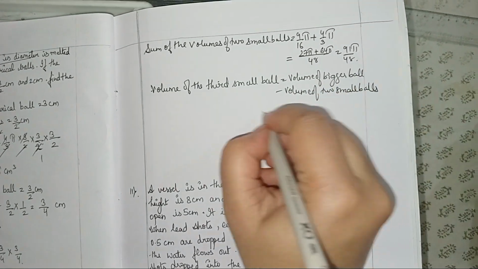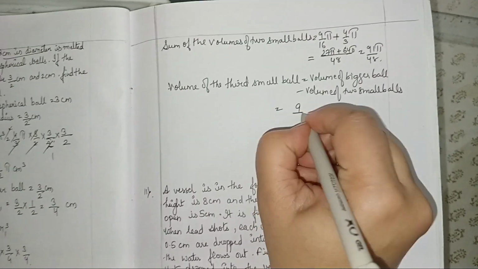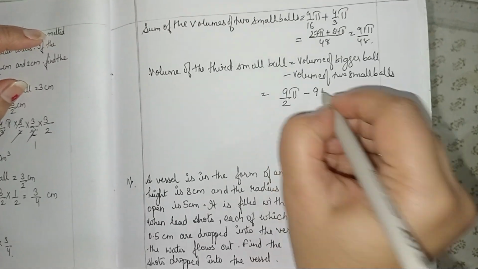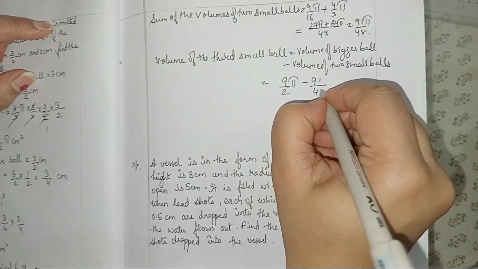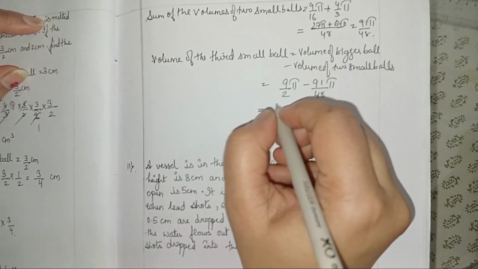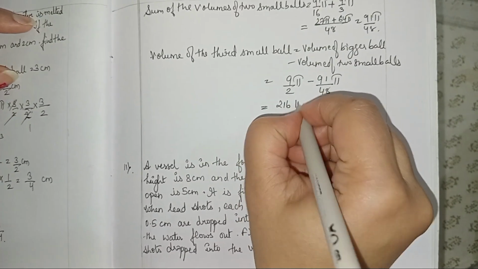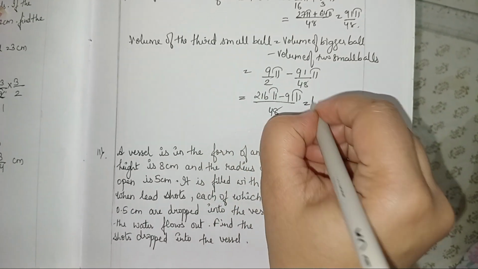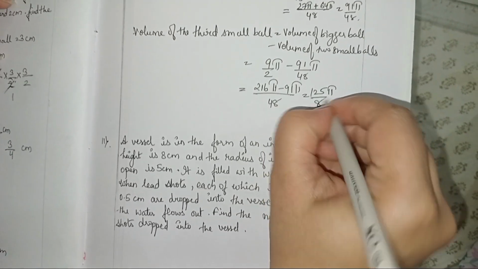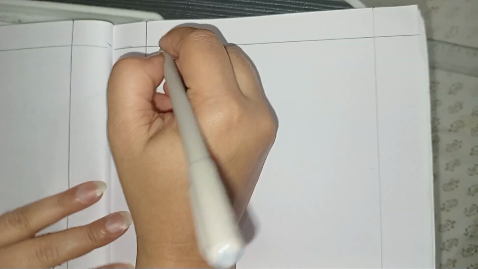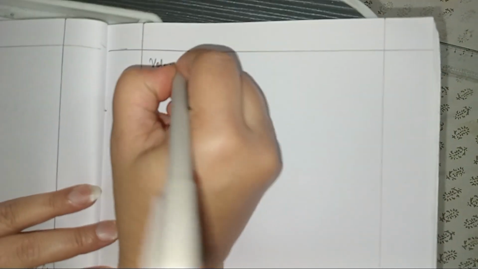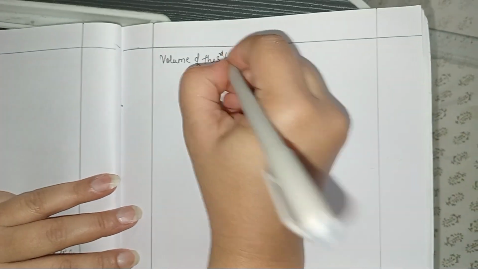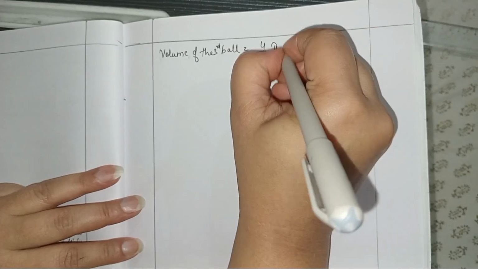Okay, that will give you 9 over 2 pi minus 91 over 48 pi, which will give you 216 pi minus 91 pi over 48, which is equal to 125 pi over 48. Then the volume of the third ball is equal to 4 over 3 pi r cube.